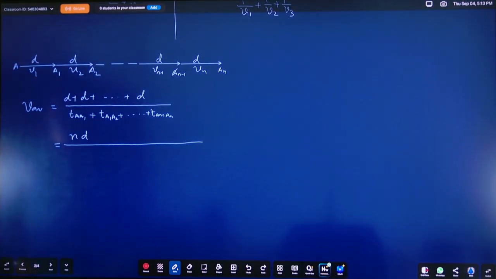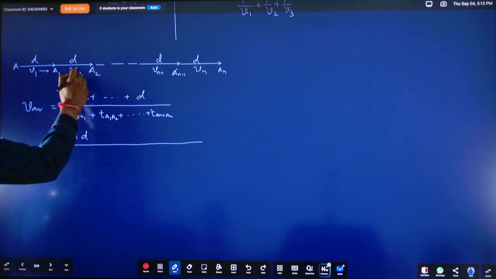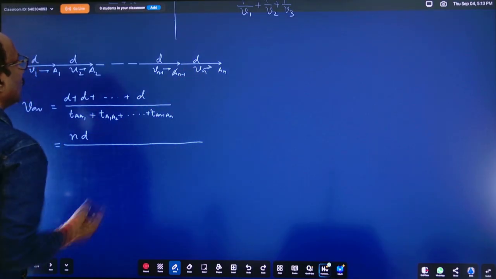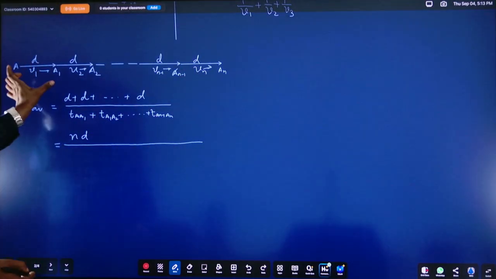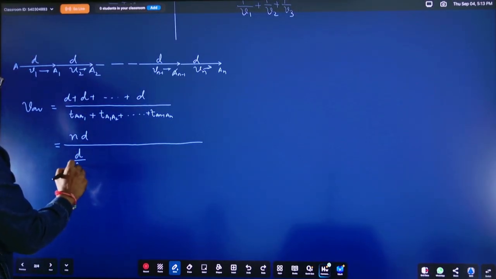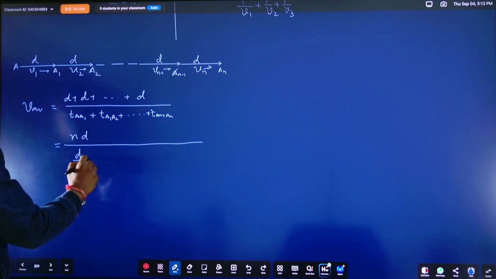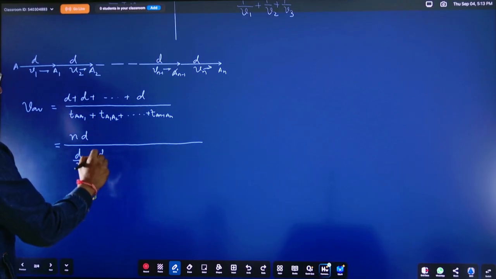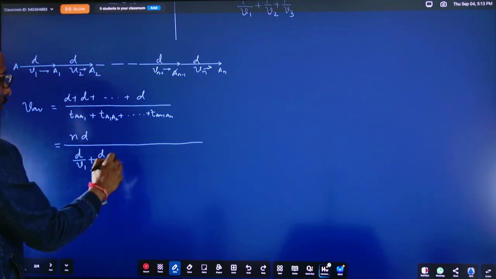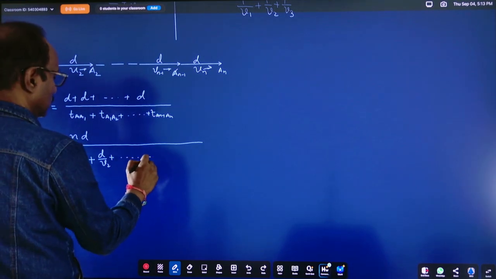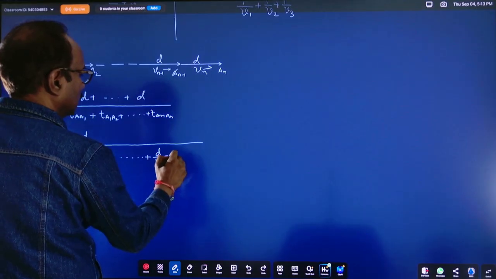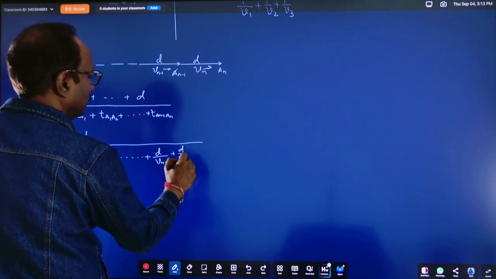A A1 is d by v1, d by v2, all are equal distance, and so on, d by vn minus 1, d by vn.